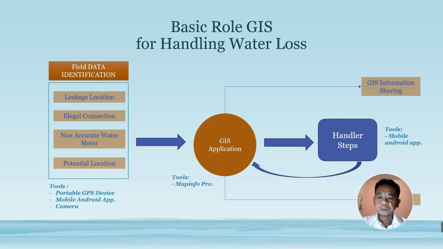Usually, the tools that we are using for this are a portable GPS device, a mobile Android application, and a camera. The main thing needed is GPS location for this field data identification.